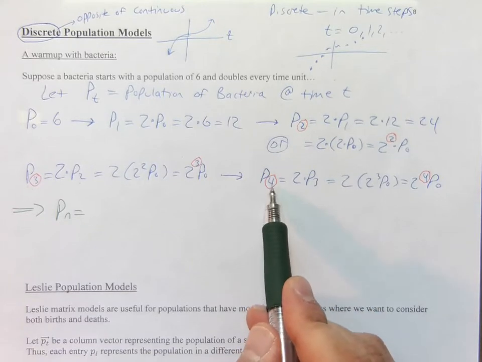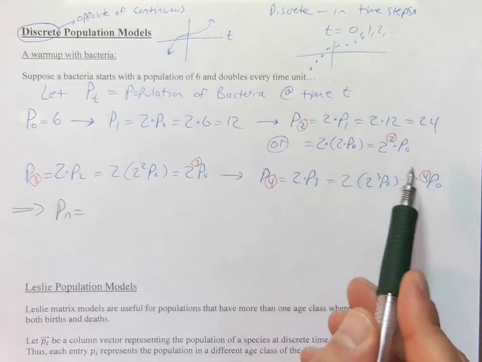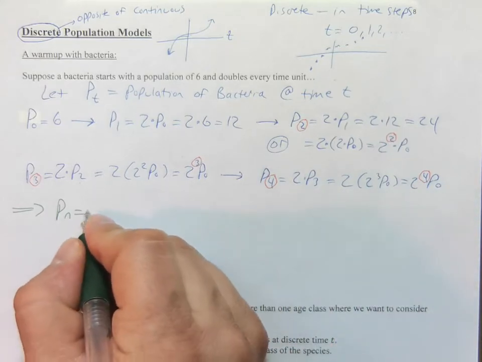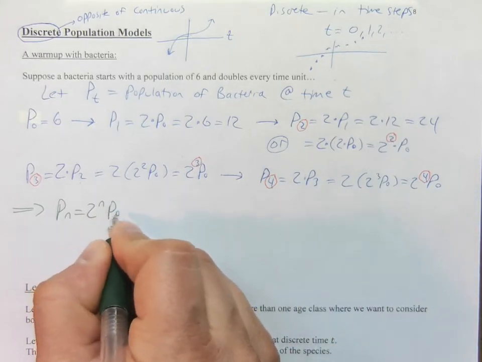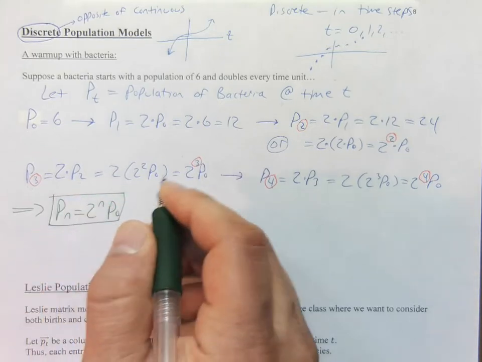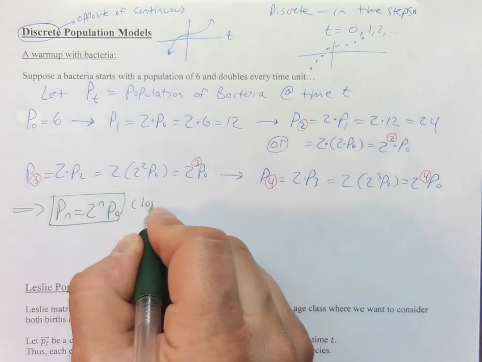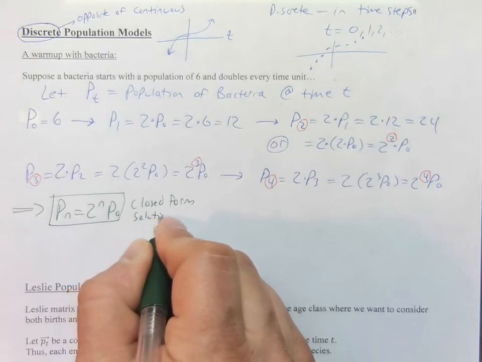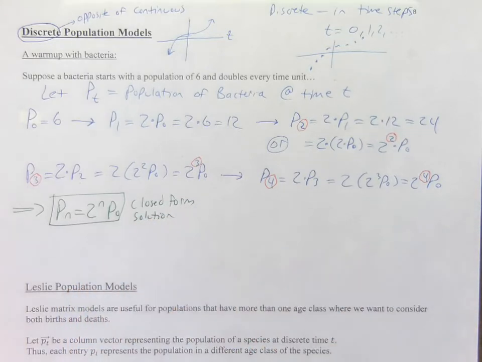If there was an n here, then there would also be an n right here. And so Pn is 2 to the n P0. This is what's called a closed form solution rather than the recurrence relationship.